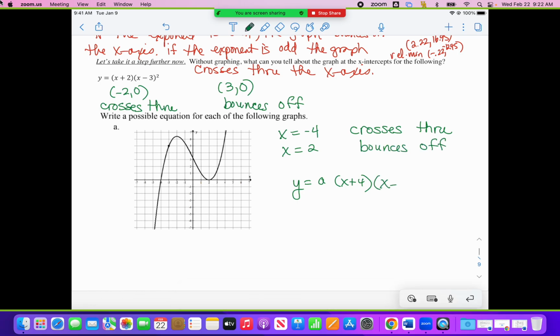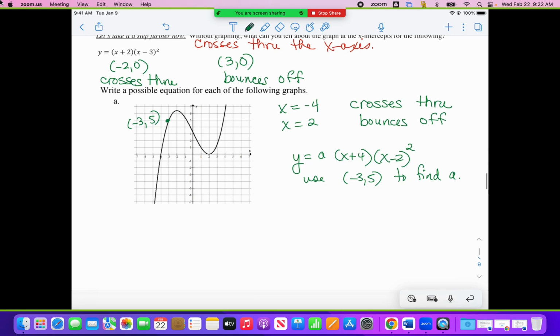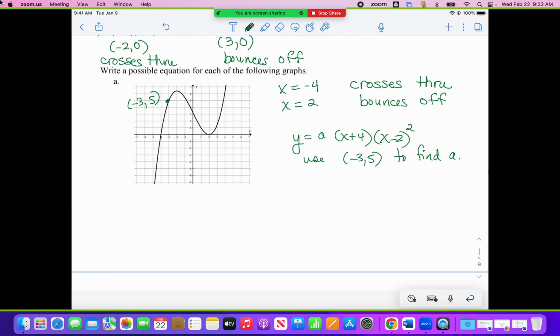So that means I have x minus 2 squared. In order to write the equation, do you see there's a dot right here at negative 3, 5? So we're going to use negative 3, 5 to find the a value. So I'm going to pause a moment, and I want to give you an opportunity to find a and then finish off the equation.